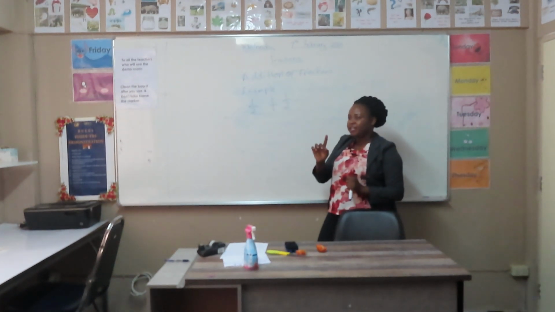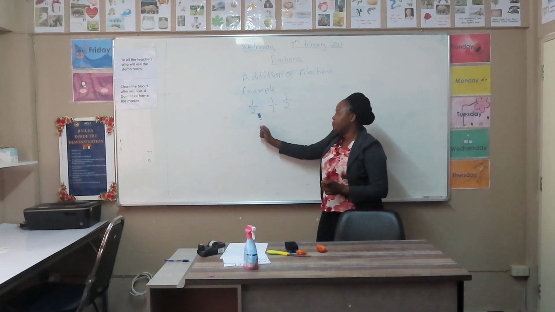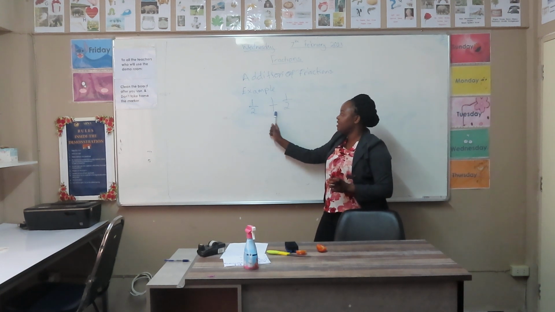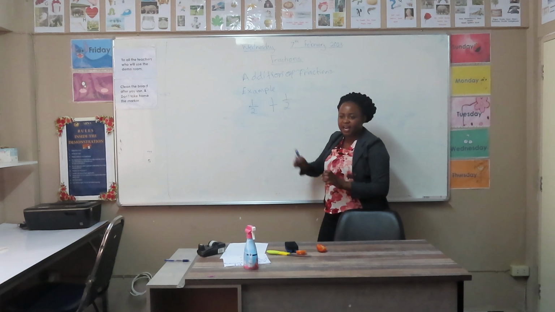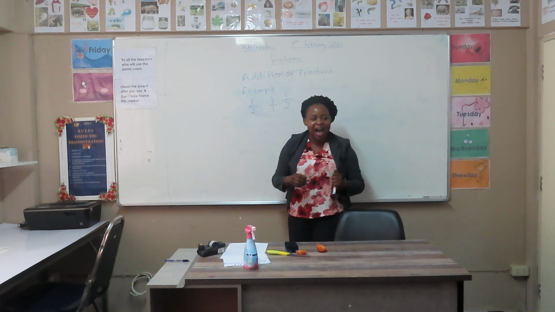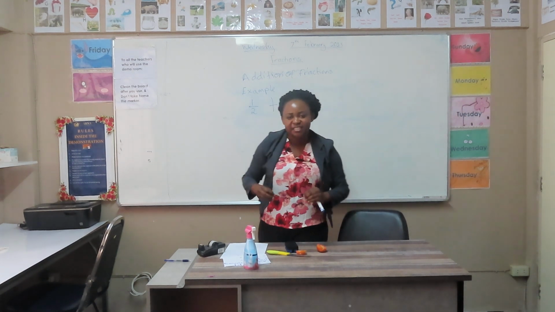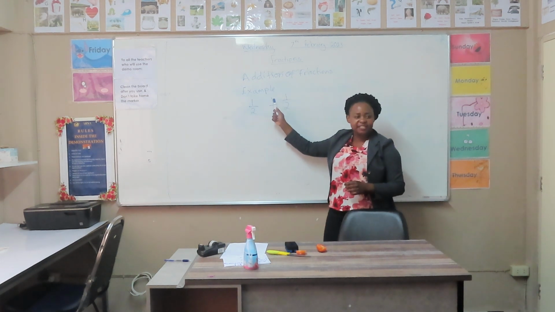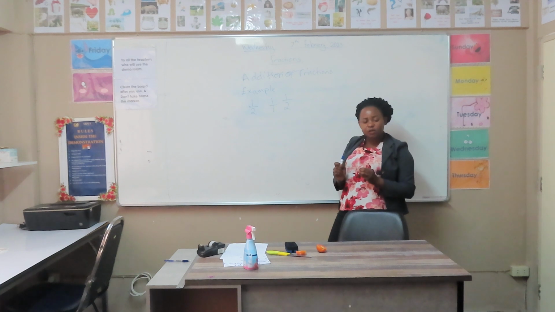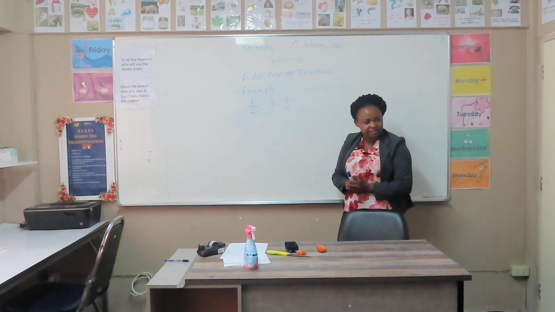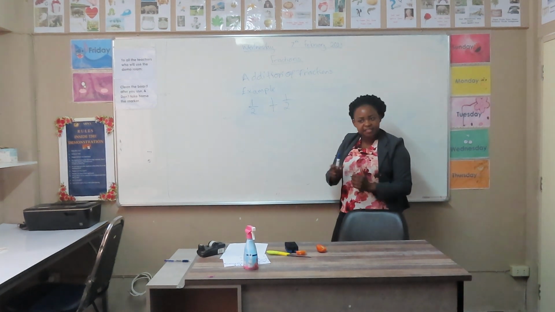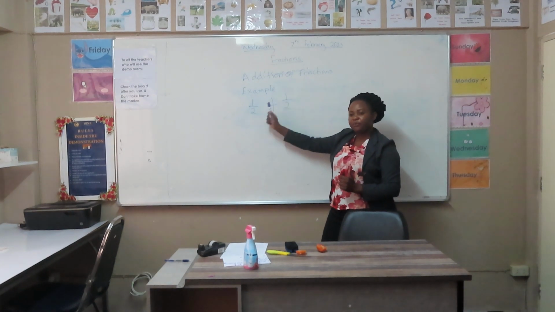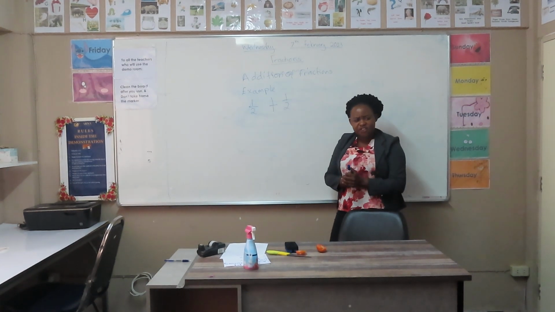Whenever you are adding or subtracting fractions, consider their denominator. If the denominators are alike, or the same, you only add the numerators, then you bring down the denominator as it is.